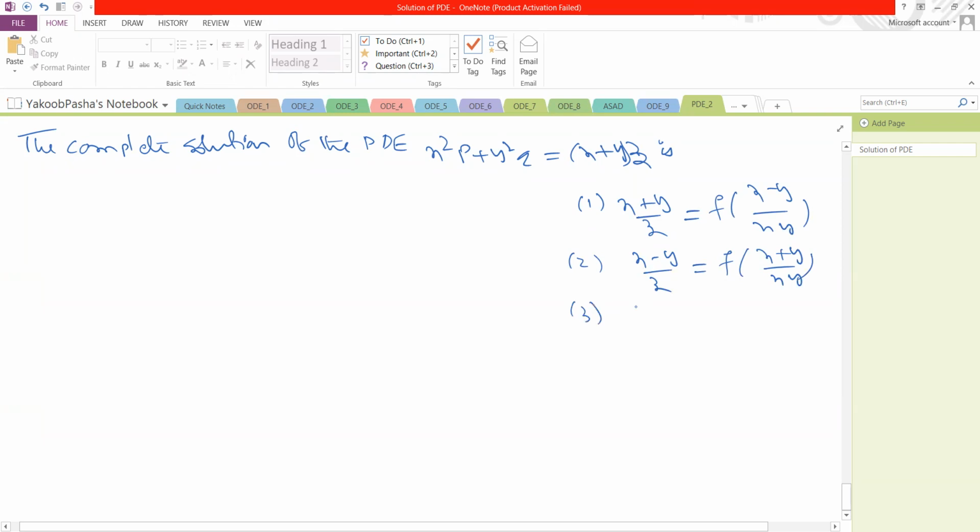Third option: x minus y by z is equal to f of y minus x by xy. Fourth option: x plus y by z is equal to f of x plus y by z.